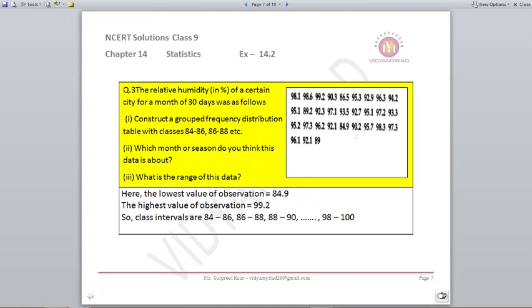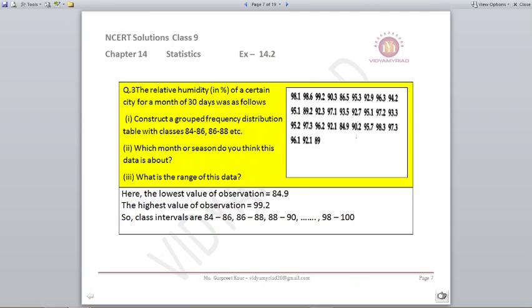Question number 3. The relative humidity in percentage of a certain city for a month of 30 days was as follows. Construct a grouped frequency distribution table with classes 84 to 86, 86 to 88, etc. Which month or season do you think this data is about? What is the range of this data? For making the class intervals, they have told us to start with 84.